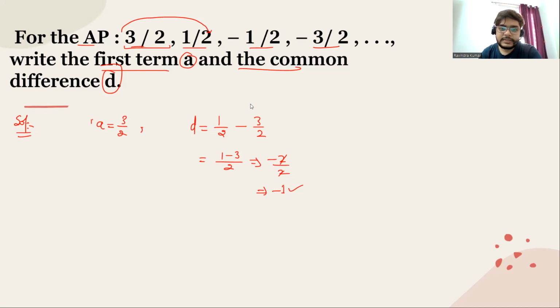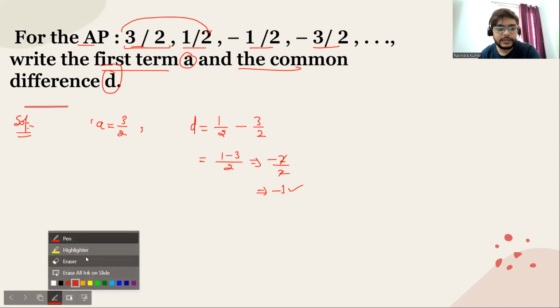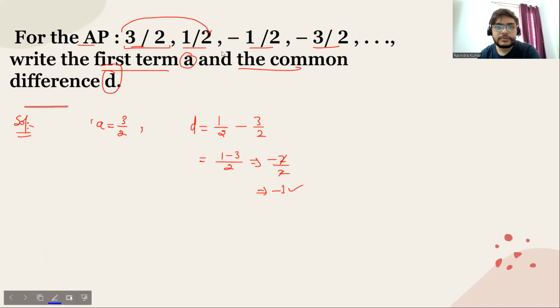Okay, one second. If a question comes to your mind, what happens when you try to find the difference from the last two terms given in the question? Okay, so let's say you want to calculate the difference from here. Let's see whether it is the same or not. You take these two terms, so minus 3 by 2 minus 1 by 2.